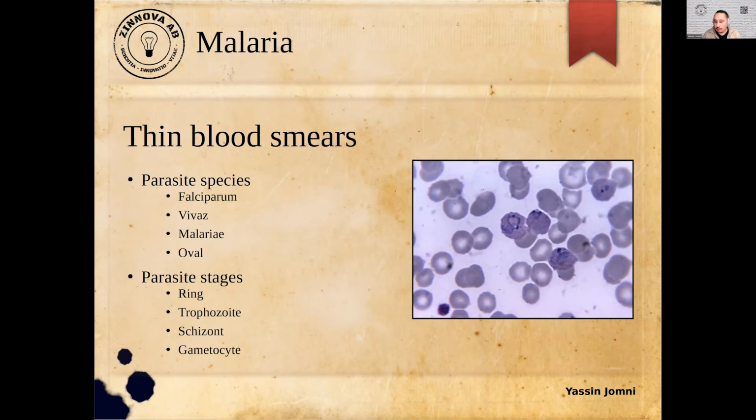So if you suspect that a new species is coming into the country, then you can do this kind of test. For the parasite stages, if you just want to diagnose malaria and give the correct medicine, you only need the species, and you don't need the parasite stage either. So that's why this method is only used in research labs.